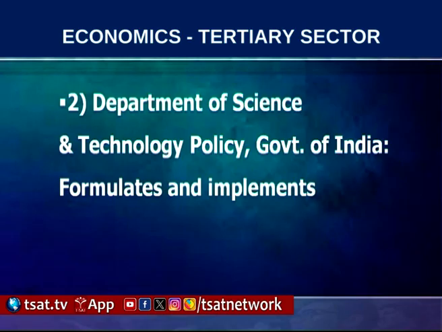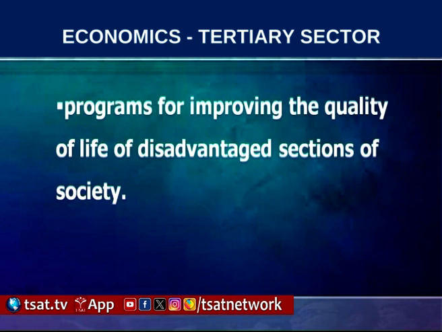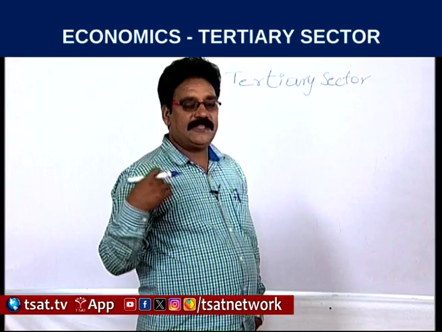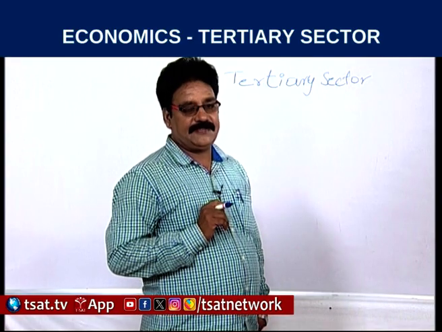It formulates and implements programs for improving the quality of life of disadvantaged sections of society. For example, technology parks for women, environmental protection, low cost housing and sanitation. With the help of science and technology, we can provide those services.